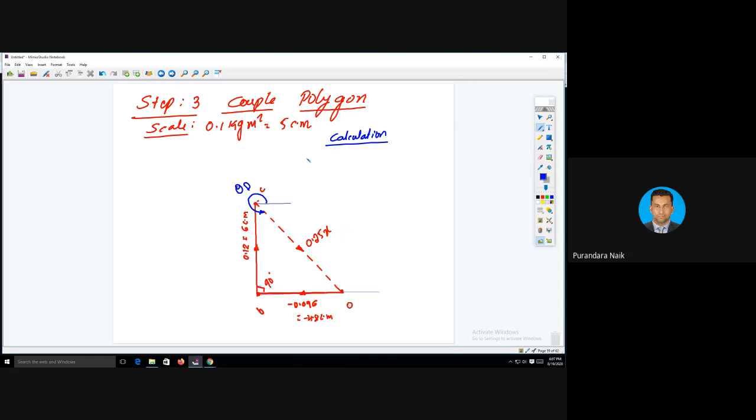0.25 x is equal to the length of what? Length of OC into scale is very, very important here. I'm getting the length of OC.